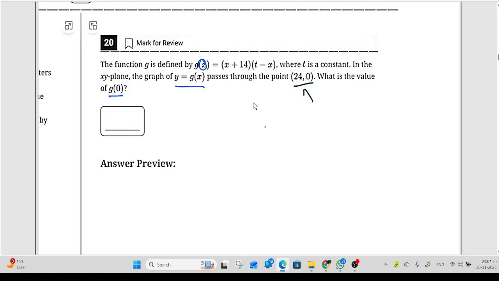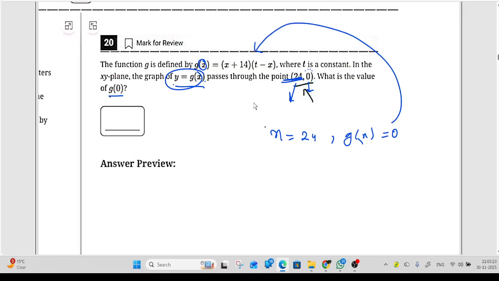The graph passing through this point means x is 24 and y is 0, so g of x is 0, because y is g of x. If we substitute these values over here, we get our answer.